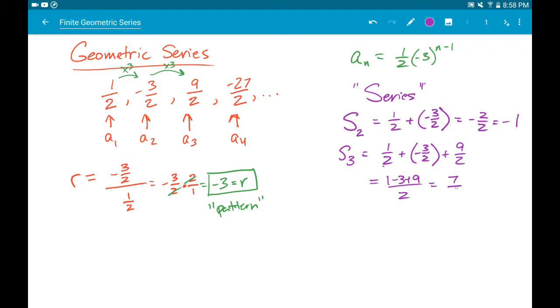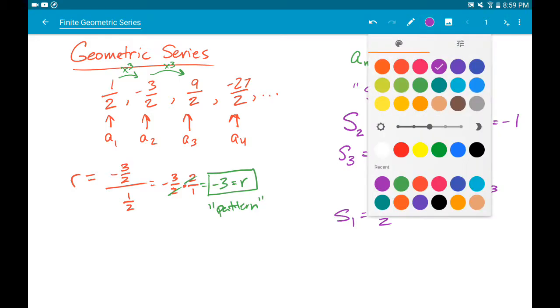And so 7/2 would equal the third partial sum. They're called partial sums because you're taking sums of a partial sequence. Again, S4, I would add up these four terms written up here, but I think you get the idea. S1, not very exciting. S1 is just 1/2. We're not adding it to anything.